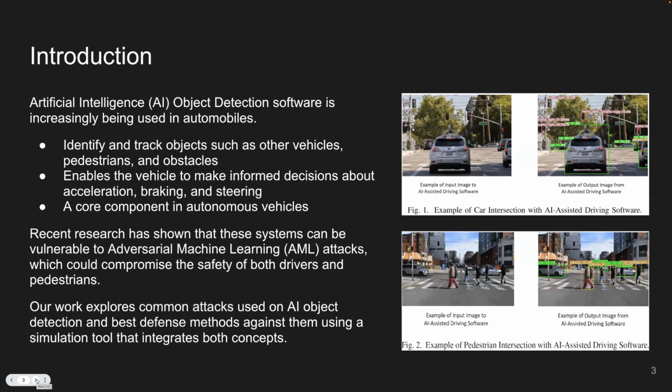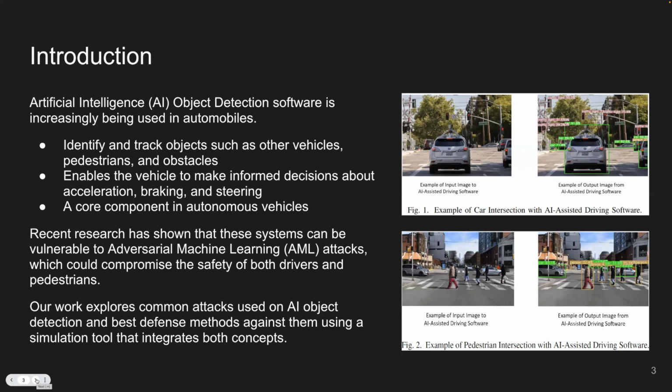So, for example, in the first picture, we would see a big bounding box around the car. The computer would understand where the traffic lights are and any other objects that would be important. In figure 2, we have now an intersection with people, right? And so the software is able to pick up when people are crossing the road.